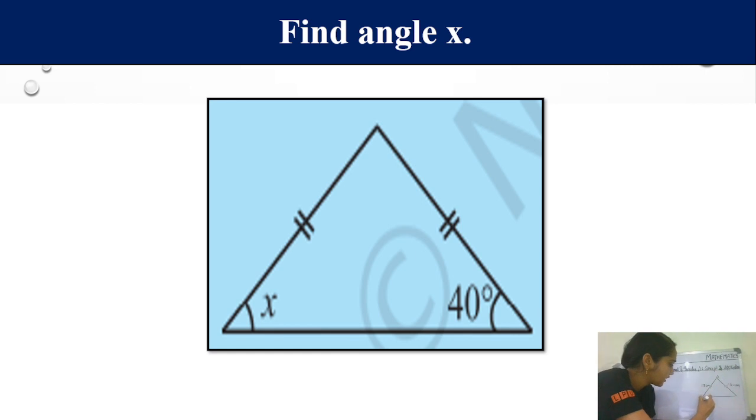Let me name this triangle as ABC, and the angles opposite to the equal sides, they are saying this is x and this is 40 degree. This thing is already given to us. Now students, to find angle x, what do we have to do? Very good.